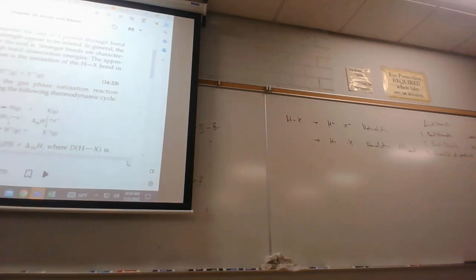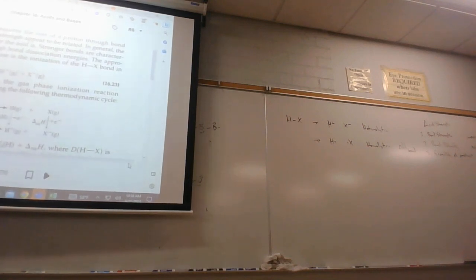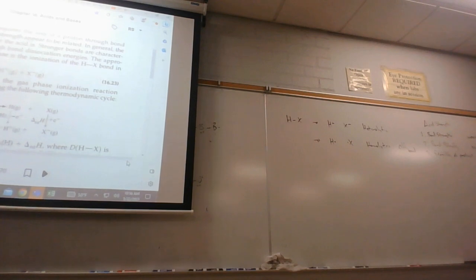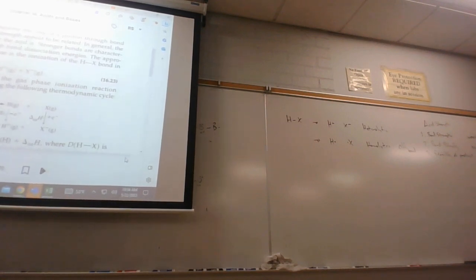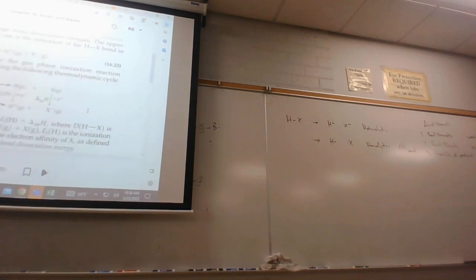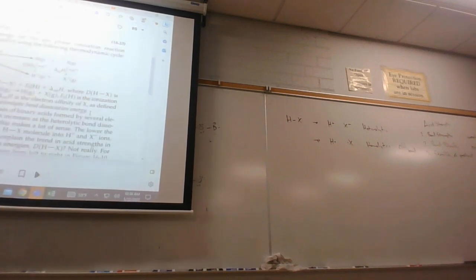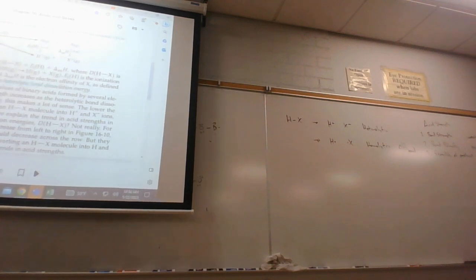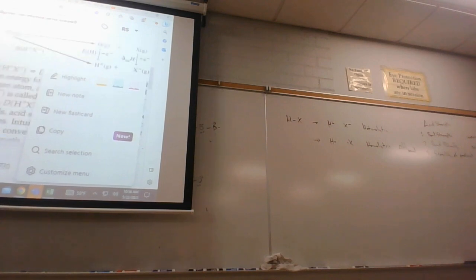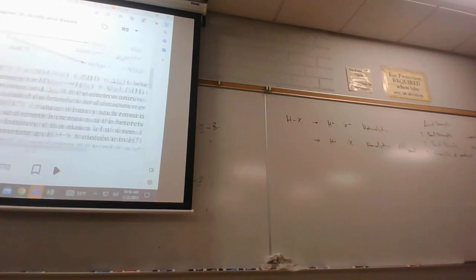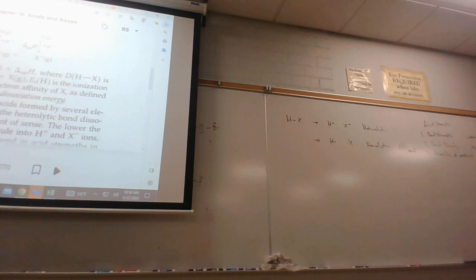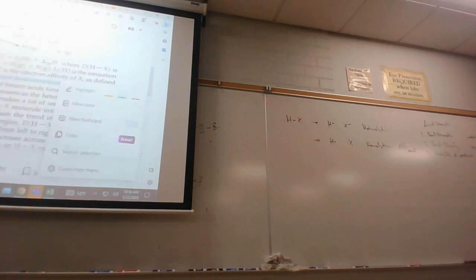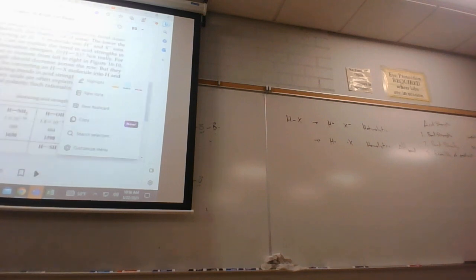So if we don't have the heterolytic bond energy, then we can figure it out from these. What we're after is the heterolytic bond dissociation energy here, and that's what we're interested in.